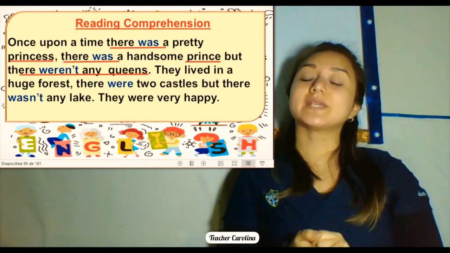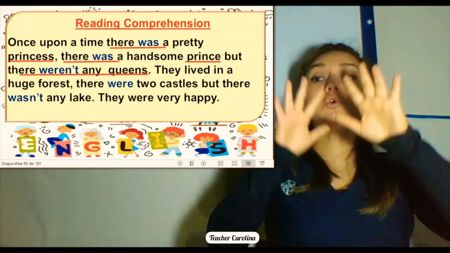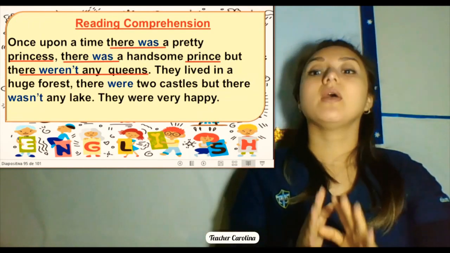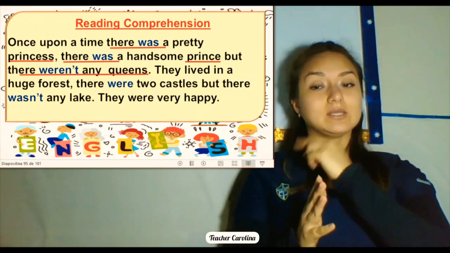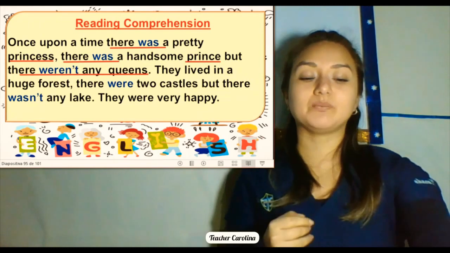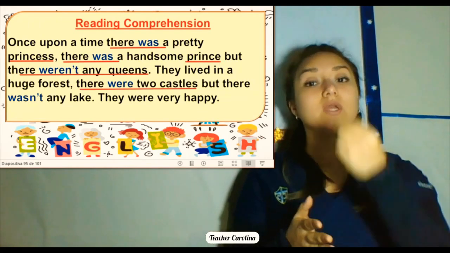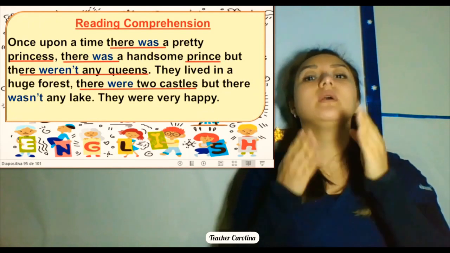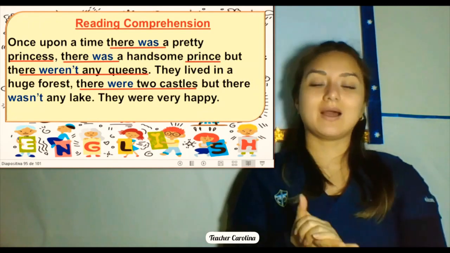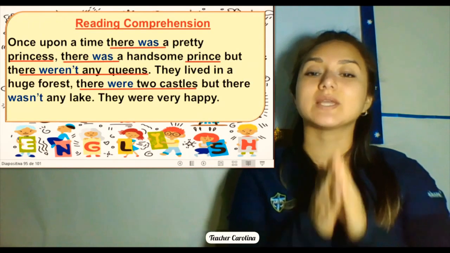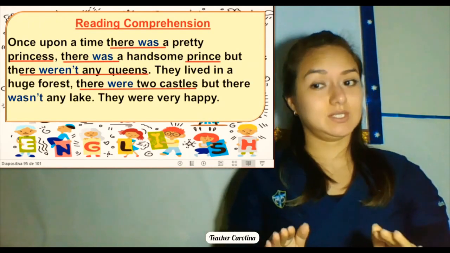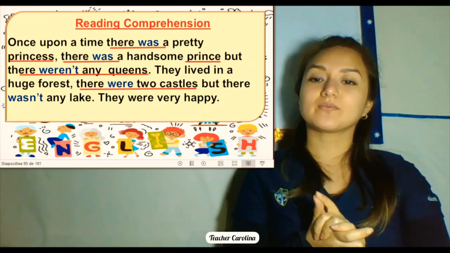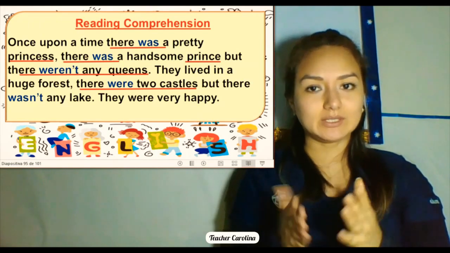Now, it says, they lived in a huge forest. There were 2 castles. What is important in that part? There were 2 castles. Now you know that in the story, there were 2 castles. Now it says, but there wasn't any lake. So, what is important in that part?